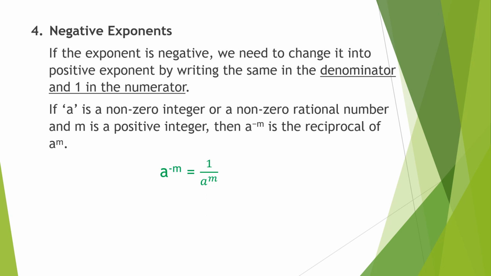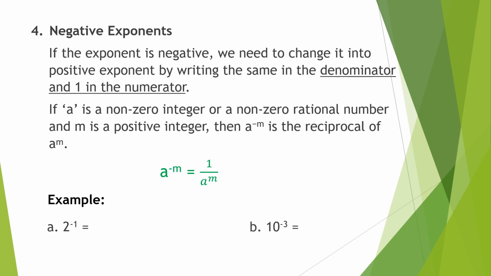Number 4. Negative exponents. If the exponent is negative, we need to change it into a positive exponent by writing the same base in the denominator and 1 in the numerator. If a is a non-zero integer or a non-zero rational number and m is a positive integer, then a raised to negative m is the reciprocal of a raised to m. a raised to negative m is equal to 1 over a raised to m.